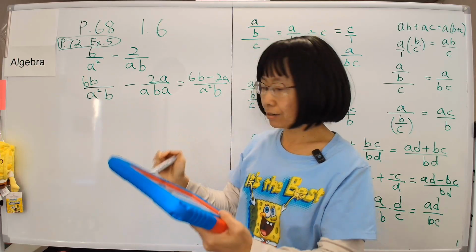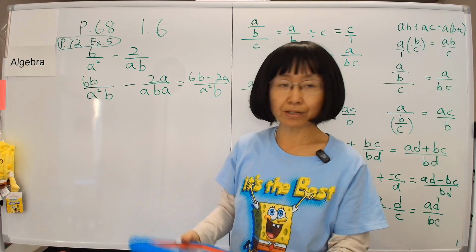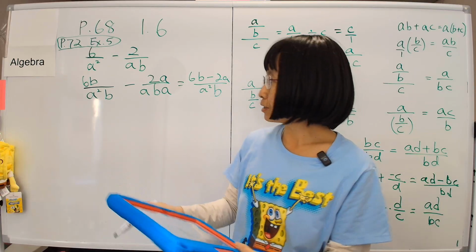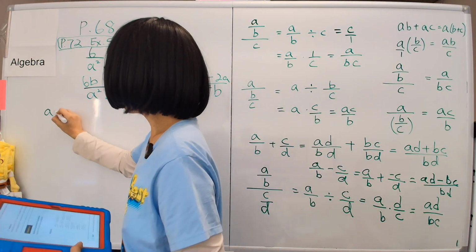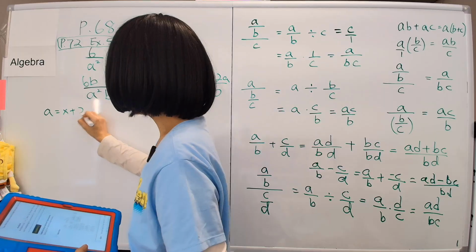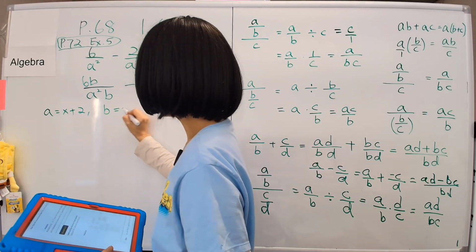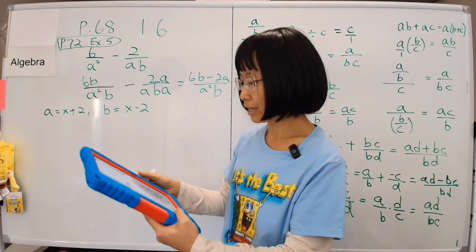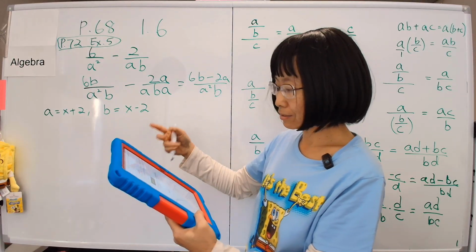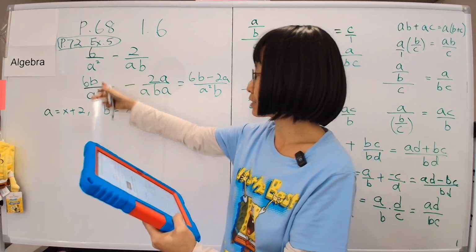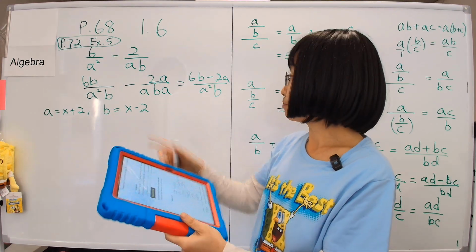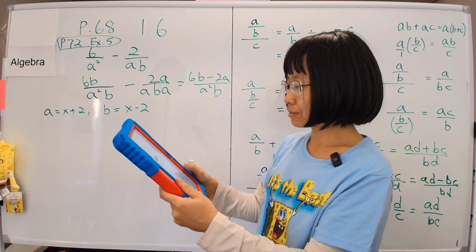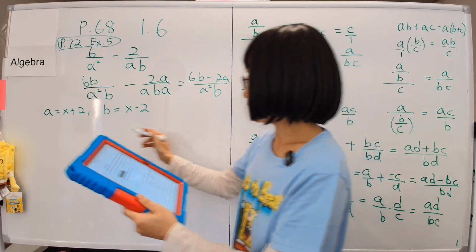Now, what does that mean if the problem is slightly more complicated, as in this case where a is equal to x plus 2, and now b stands for x minus 2? The idea is still the same. We'll multiply one of them by x minus 2, and the other one by x plus 2, and then we end up with something like this, right?